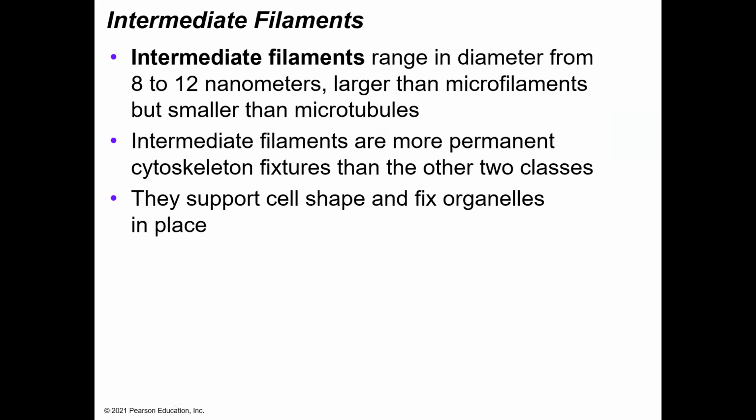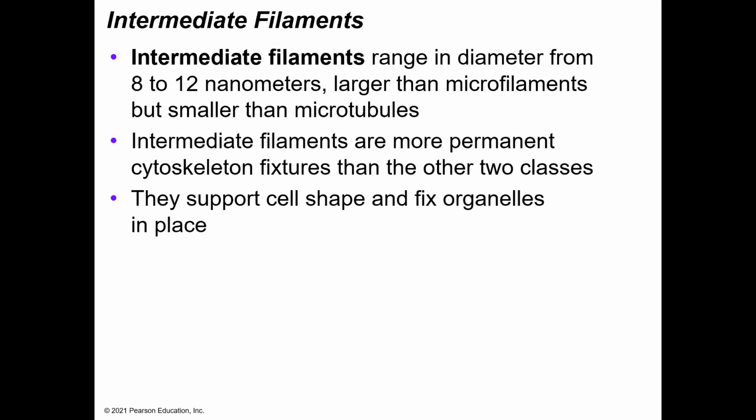The last type of component that forms the cytoskeleton are the intermediate filaments, which range from 8 to 12 nanometers. They're larger than microfilaments, but smaller than microtubules. Intermediate filaments, we think, are more permanent structures inside of the cell.